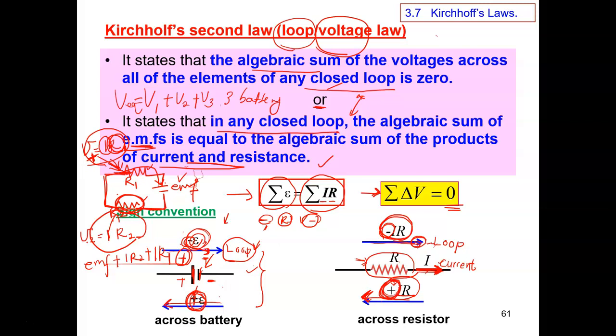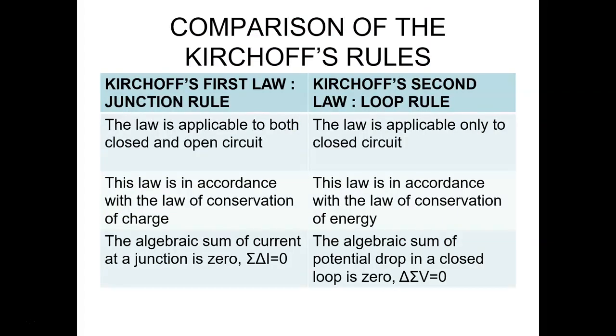I hope you are very clear with this before you move on to the examples. Please don't get dizzy with my explanations; hopefully you can get more understanding through the examples. So let's continue with the Kirchhoff laws first.